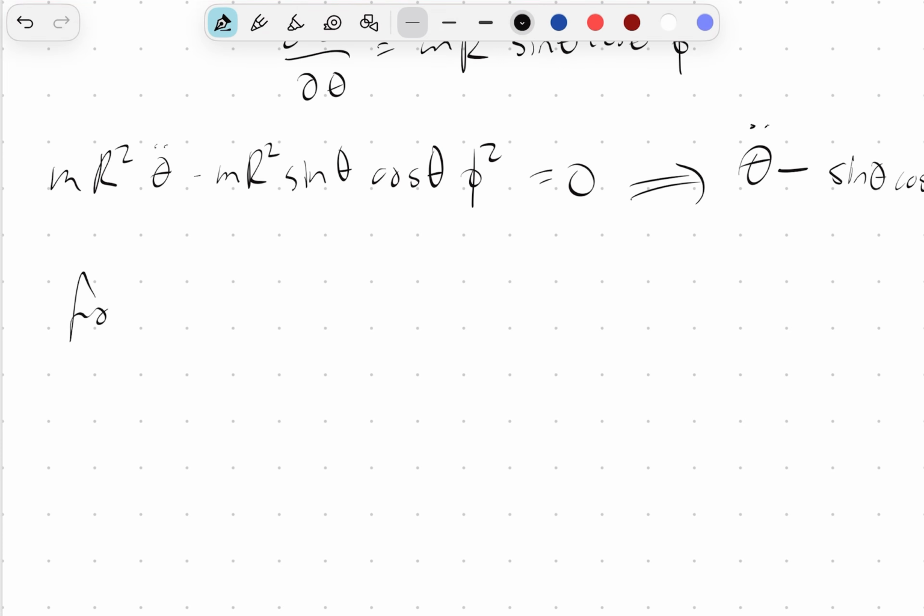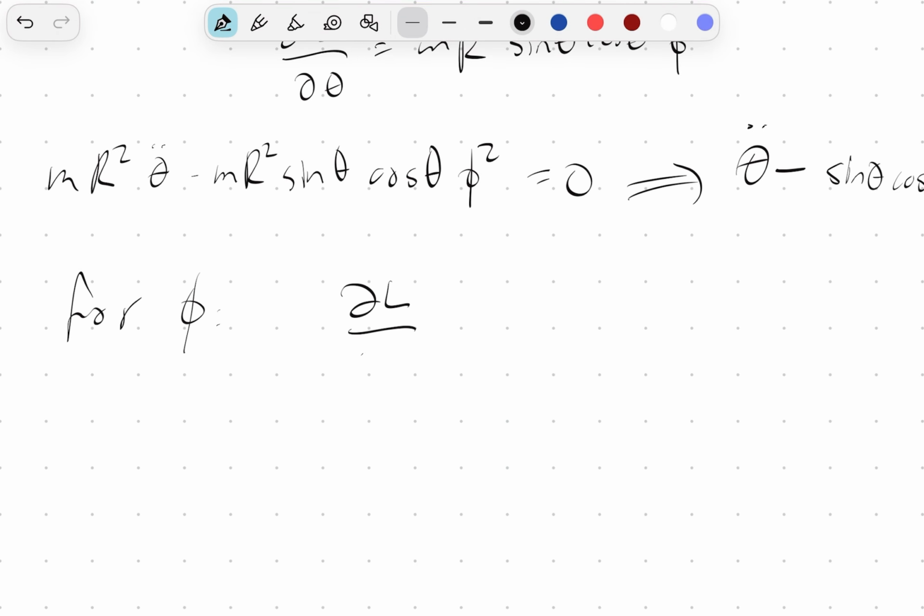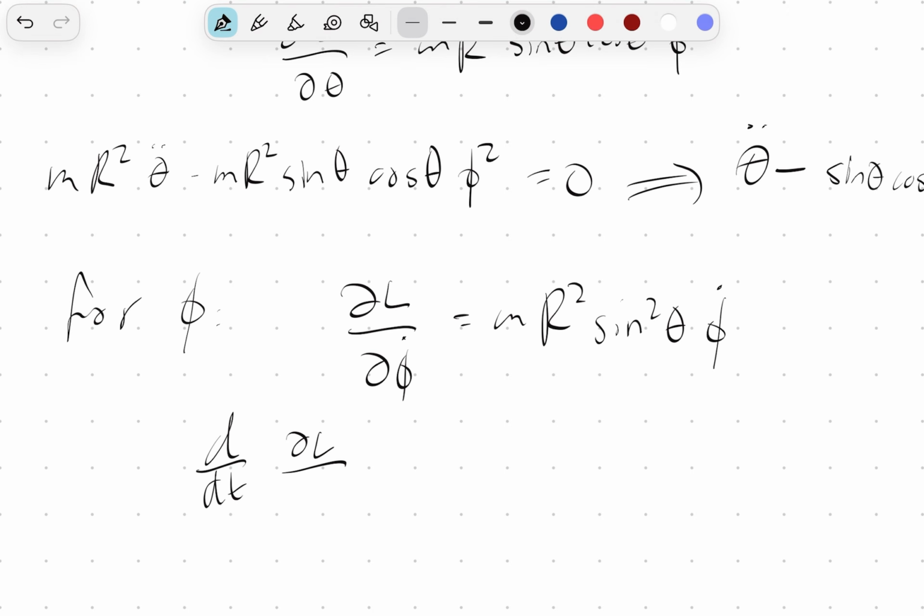And then for the azimuth, we'll have the derivative of the Lagrangian with respect to phi dot equal to mr squared sine squared theta phi dot, and then we take the time derivative, just basically using the Euler-Lagrange equations, assuming that you know how to plug them in.